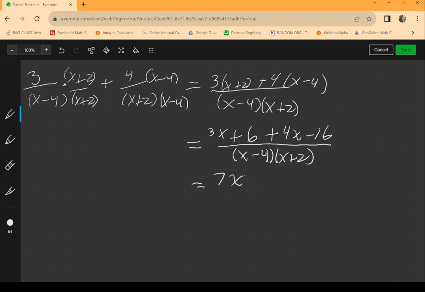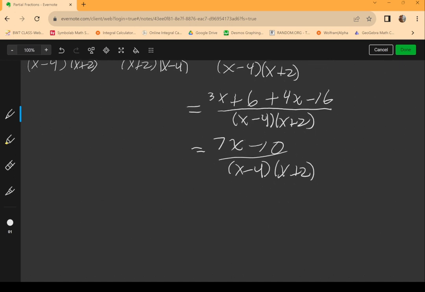Combining like terms, we get 7x minus 10 over x minus 4 times x plus 2. A problem that we've probably done before.